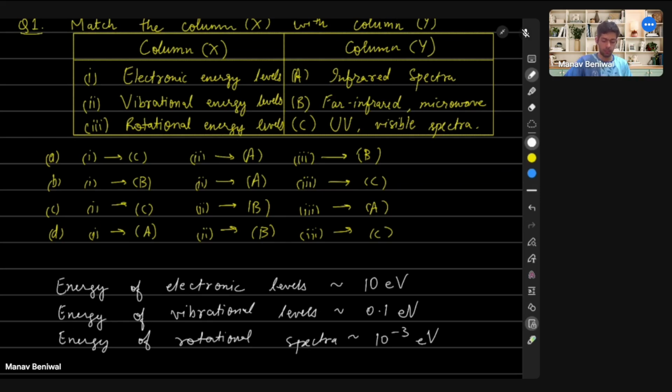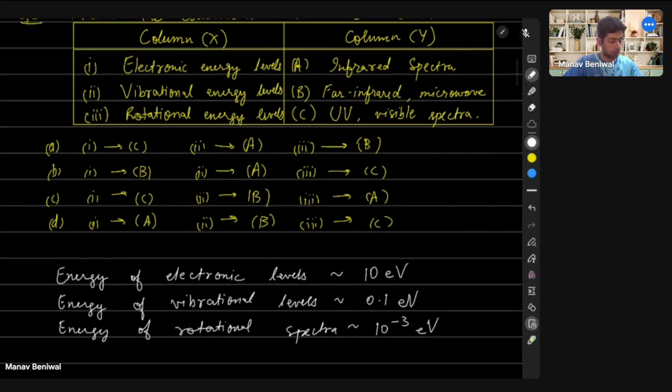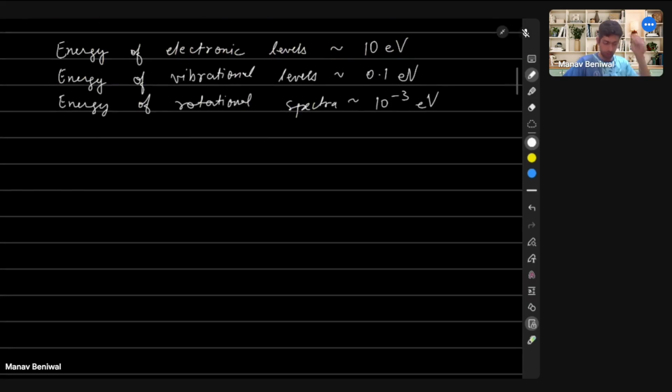Okay. Now we know that in terms of light, energy E is nothing but hc over lambda, right?